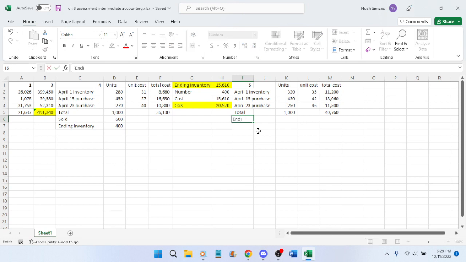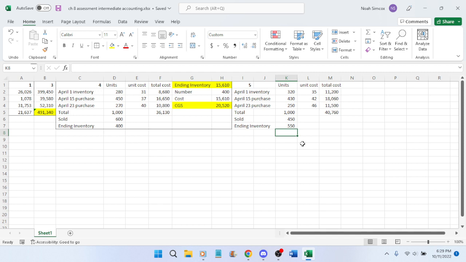So now let's do sold, 450, and ending inventory. They had 1,000, then they sold 450, so their ending inventory is this minus this. Good. Hate myself.